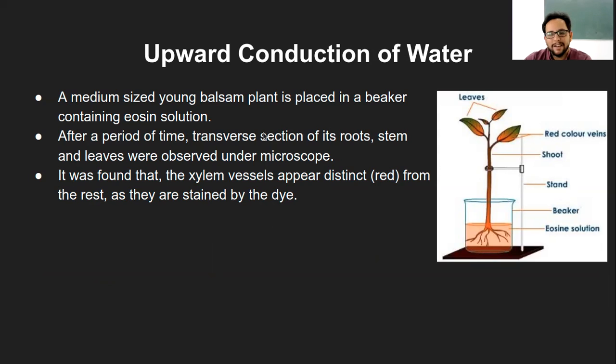Procedure or the materials that you can see here, it's simple. You take a beaker, in that beaker you add water, and in that water you add eosin solution. Eosin is one of the water soluble dyes. I assume you know what a dye is.